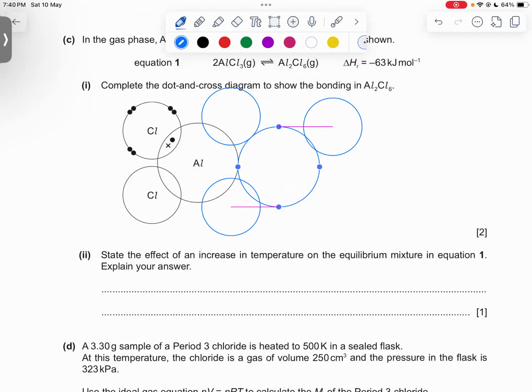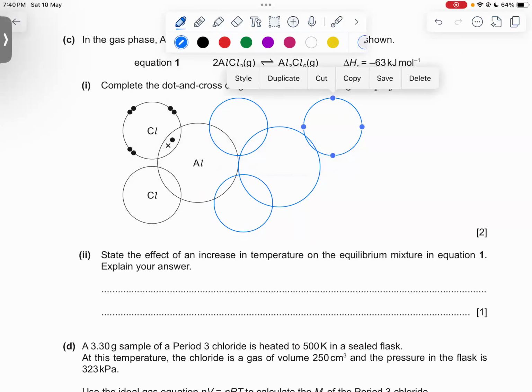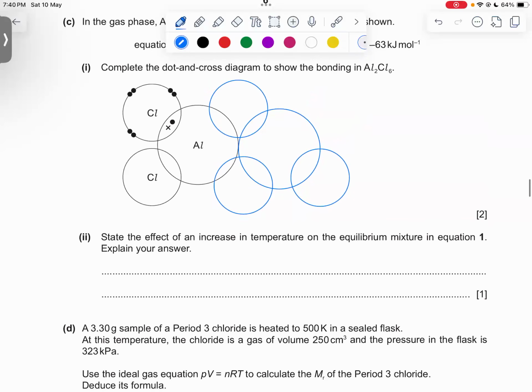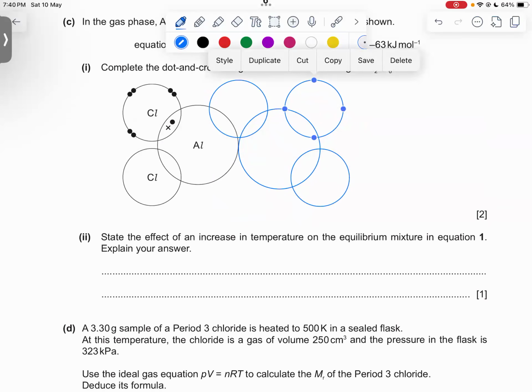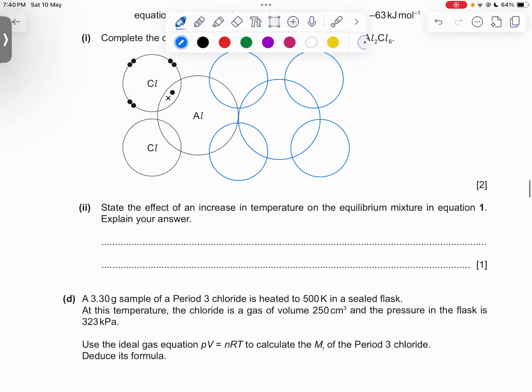In the books, the aluminum chloride structure has this resemblance, right? I think I had drawn it correctly. I have to duplicate another one. So now there are six chlorines. Yeah, like this. This is how the structure looks: aluminum, chlorine, chlorine, chlorine, and chlorine.